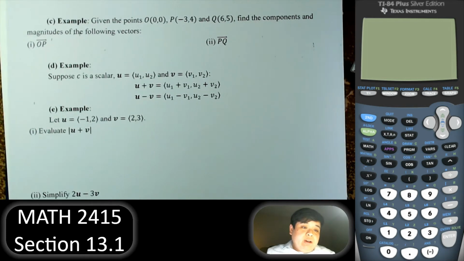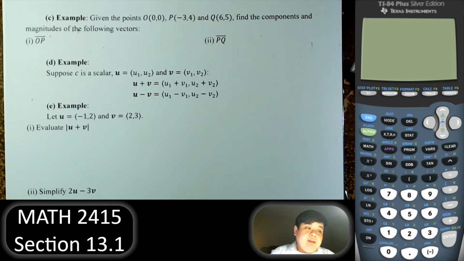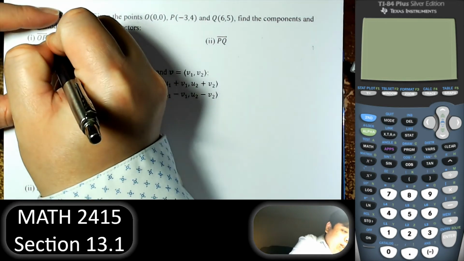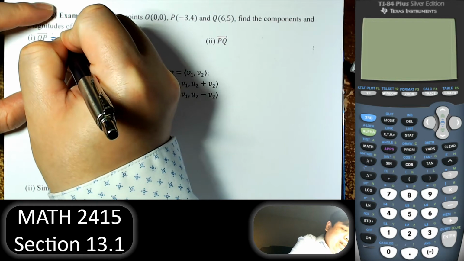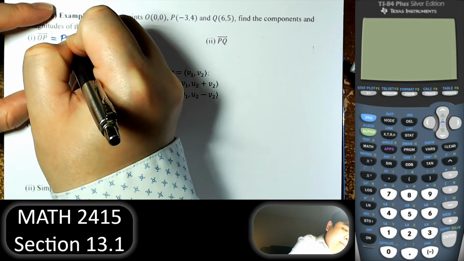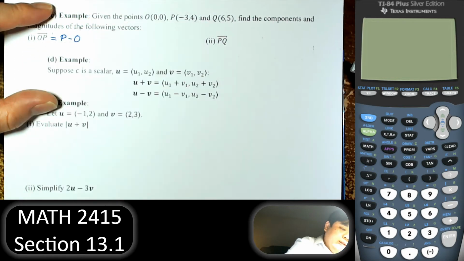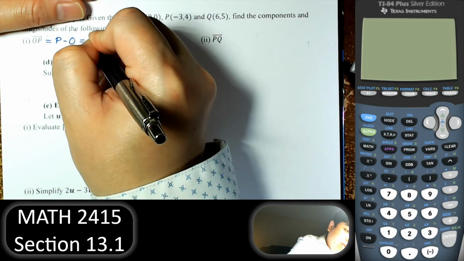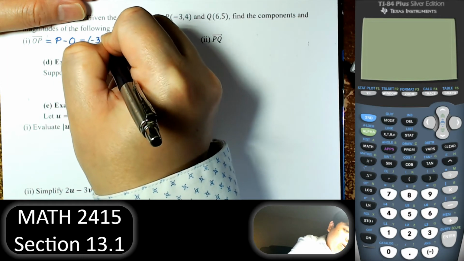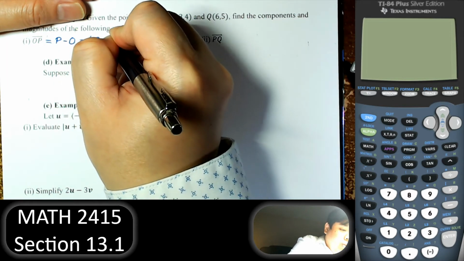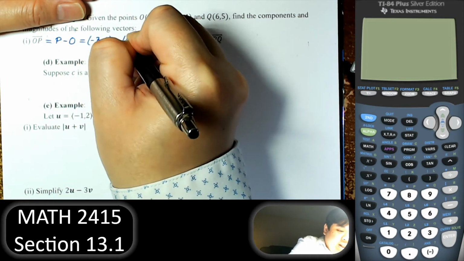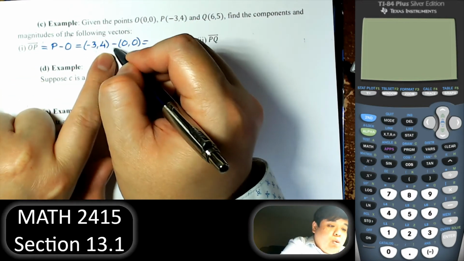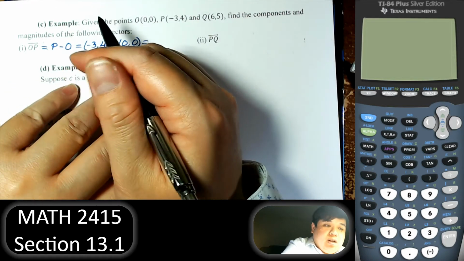Now given those points, find the components and the magnitudes of the vector. So OP, so the head, the final point, minus the initial point. Point P, -3 and 4. Now this is where we relax the notation. Even where we subtract the points like this, we can also use the bracket if we want to, but I just use the parentheses.